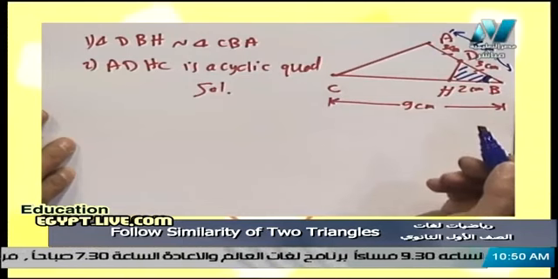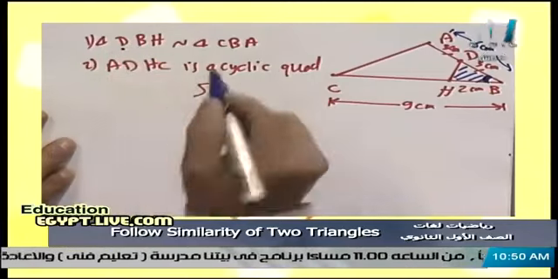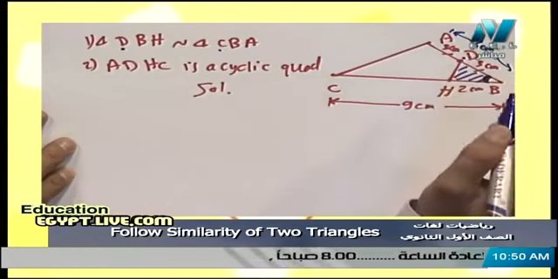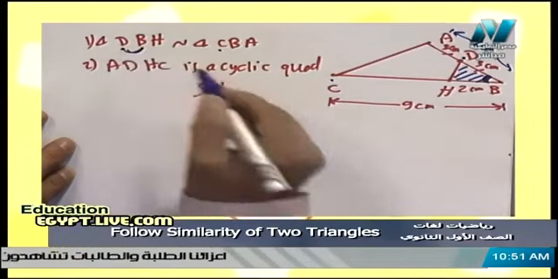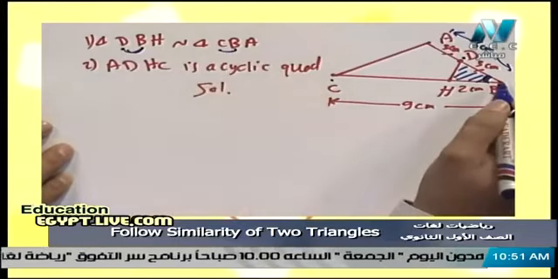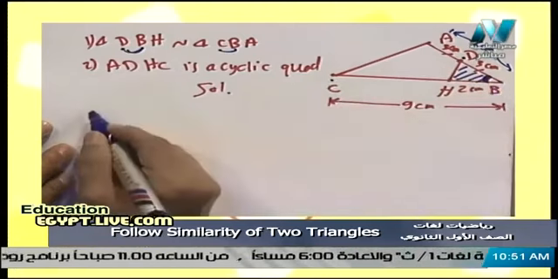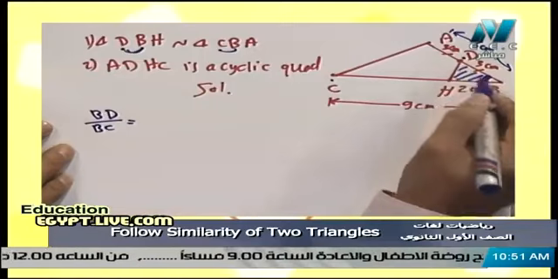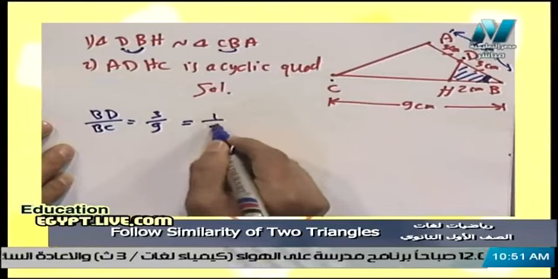So what we will do, as some of you notice, is that D here corresponds to C, so when we start with D, we will start the other side with C, and we will take BD with BC. Okay, so if we divide BD over BC, it will be 3 over 9, in simplest form 1 over 3.